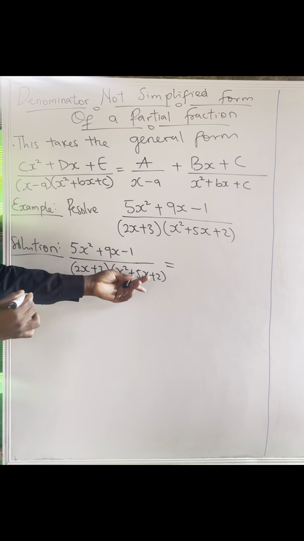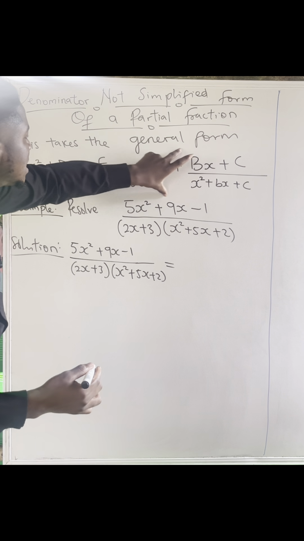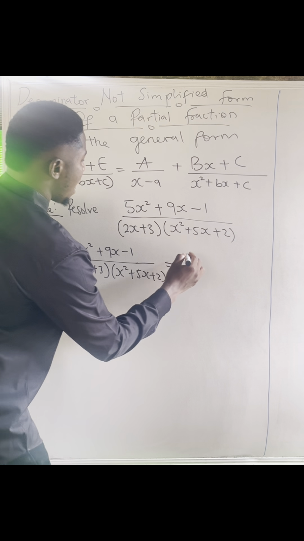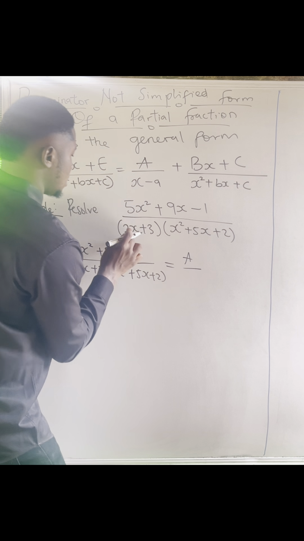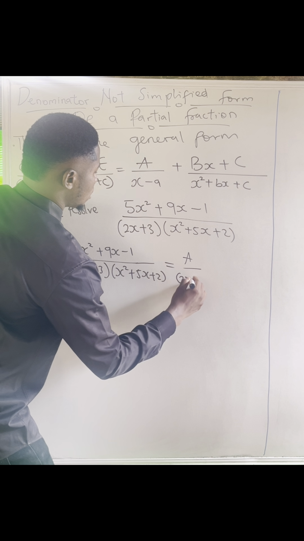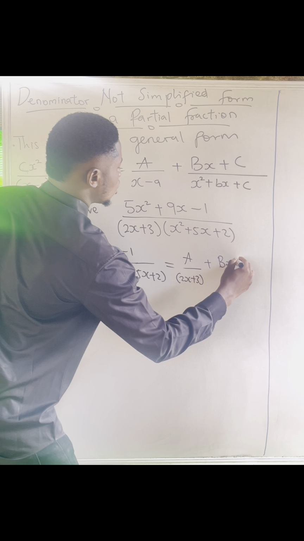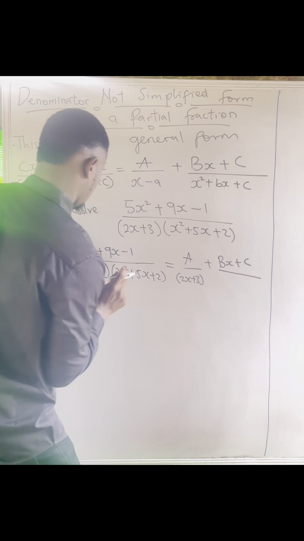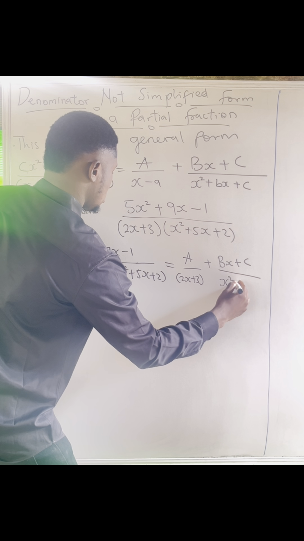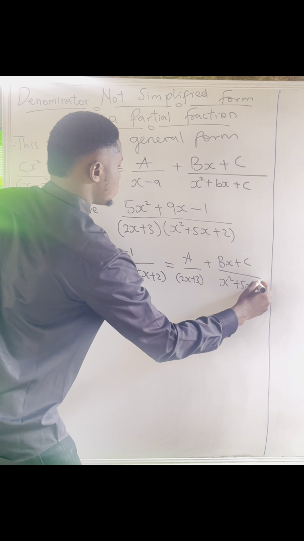Then we now equate it to take this form: A over 2x plus 3 plus bx plus c over x squared plus 5x plus 2.